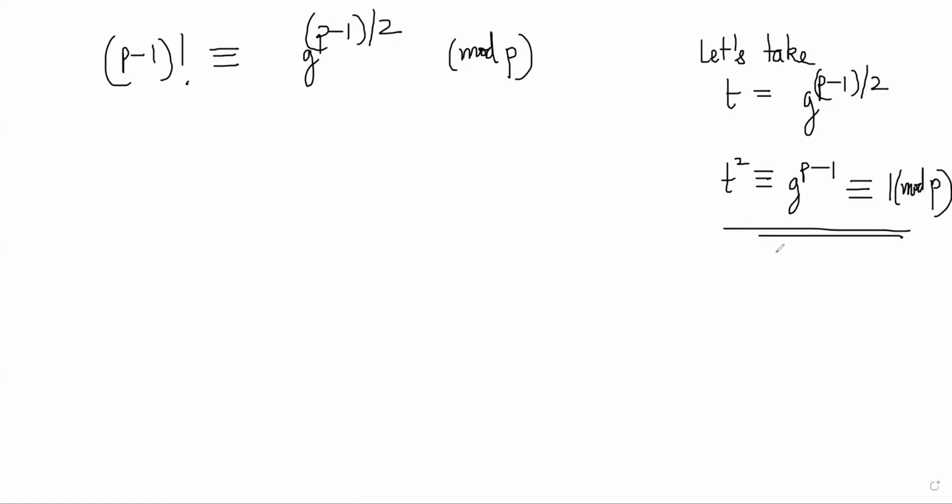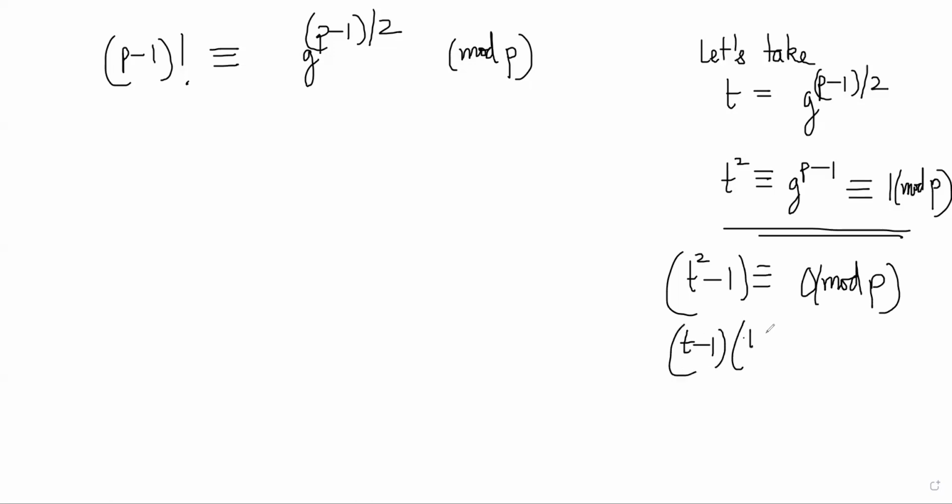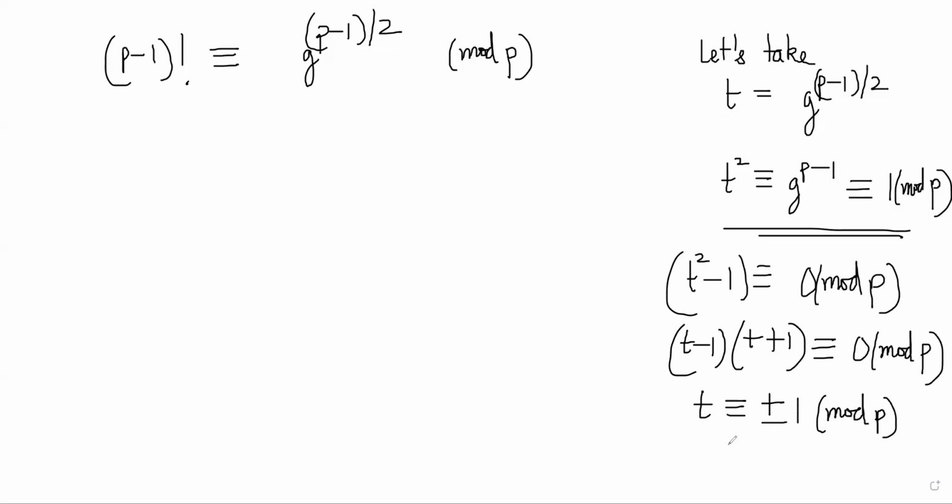So t square minus 1 is congruent to 0 mod p. So t minus 1 into t plus 1 is congruent to 0 mod p. So t can either be plus or minus 1 mod p. And we'll show that t will never be plus 1 mod p.